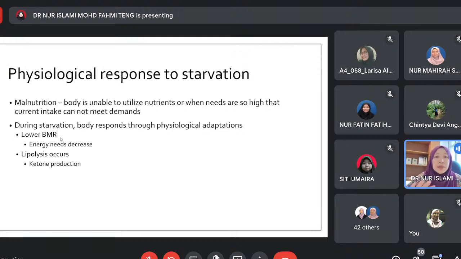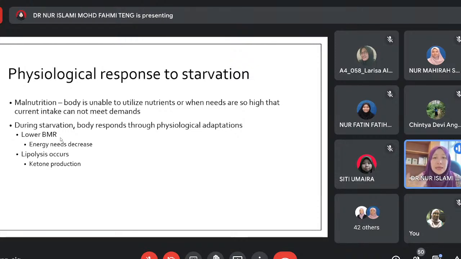Okay, so here is the physiological response to starvation. Why we call it starvation suddenly here, yeah? Okay, so malnutrition develops when the nutrient supply is inadequate. So this is actually during the starvation.